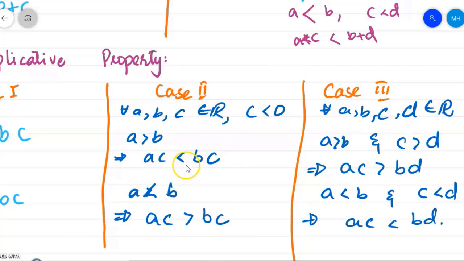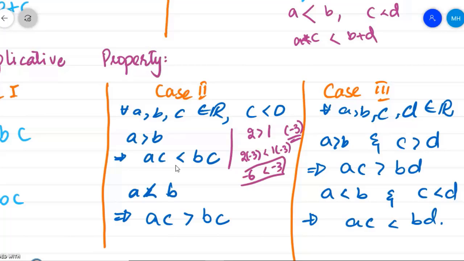For example, 2 is greater than 1, but if I multiply by minus 3, 2 times minus 3 is minus 6 and 1 times minus 3 is minus 3. We reverse the inequality, so it will reverse the sign.